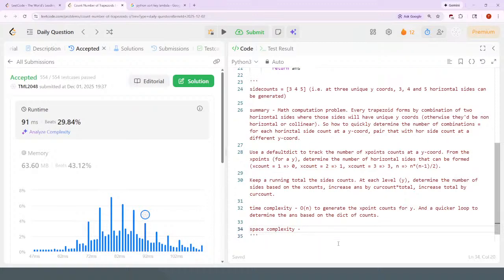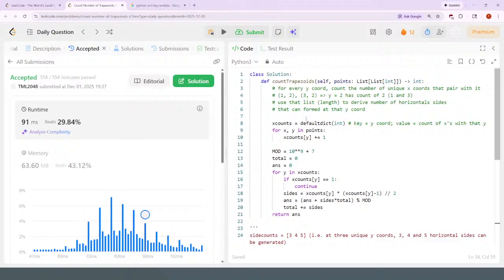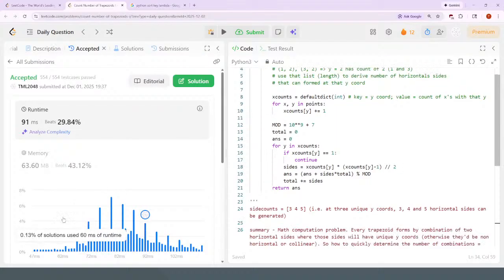Space complexity should be O of n to keep the default dictionary of counts. So pretty straightforward. I just don't know how to optimize it faster than what I see on the thing. Anyways.